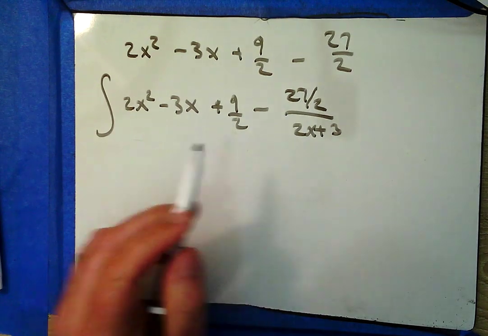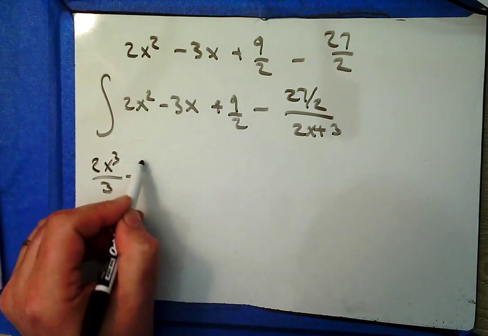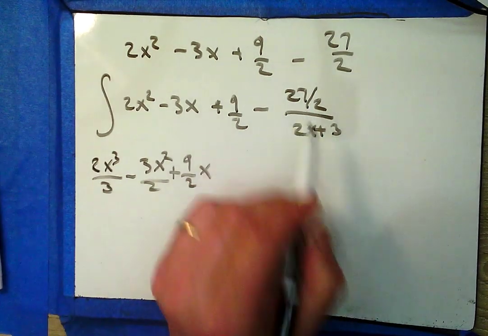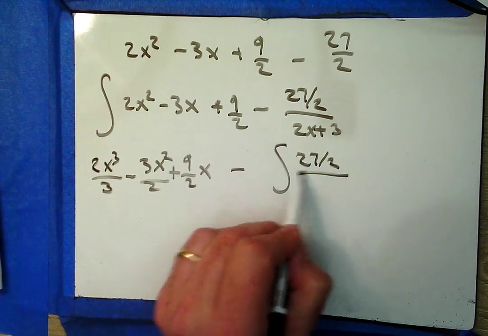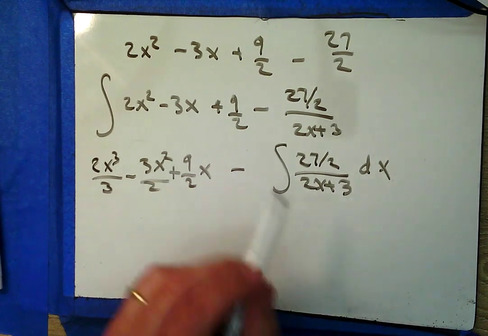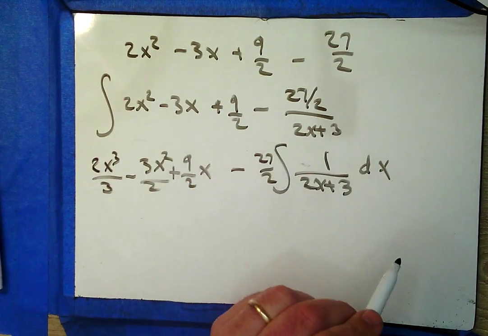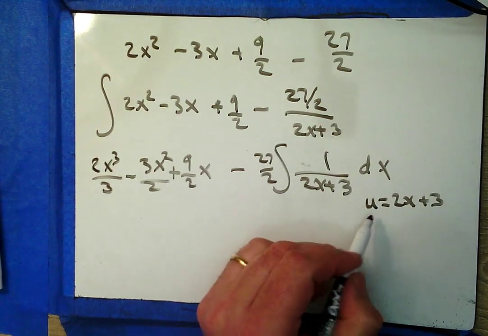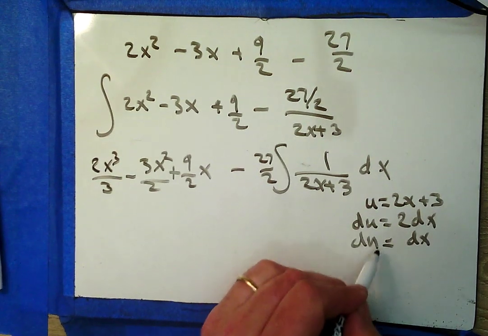Okay, so this part, no worries, 2x to the third over 3, 3x squared over 2 plus 9/2 x. Now this, let's take a look at this. 27/2 over 2x plus 3 dx. So if I take out this constant, and I make my u 2x plus 3, then my du is 2 dx, or my dx is du over 2.